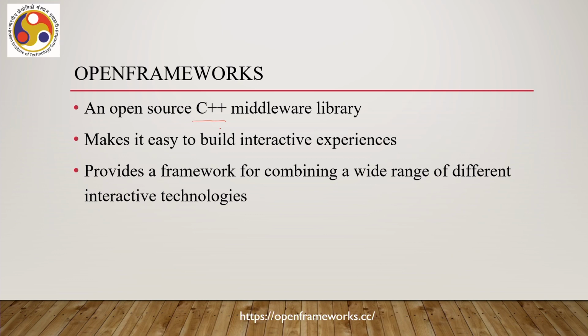It is an open source C++ middleware library. With open frameworks, it is easy to build interactive experiences while building an AR application. As the name suggests and we have already mentioned, it provides a framework for combining a wide range of different interactive technologies. So, the framework provides support for tracking, rendering as well as interaction. All three are supported.